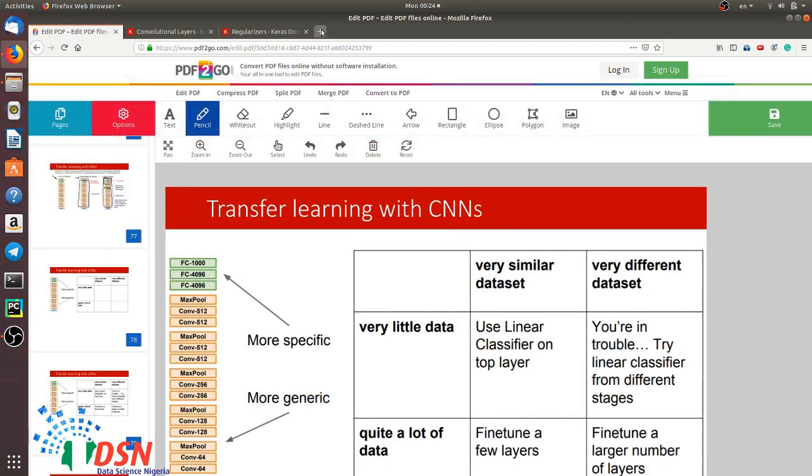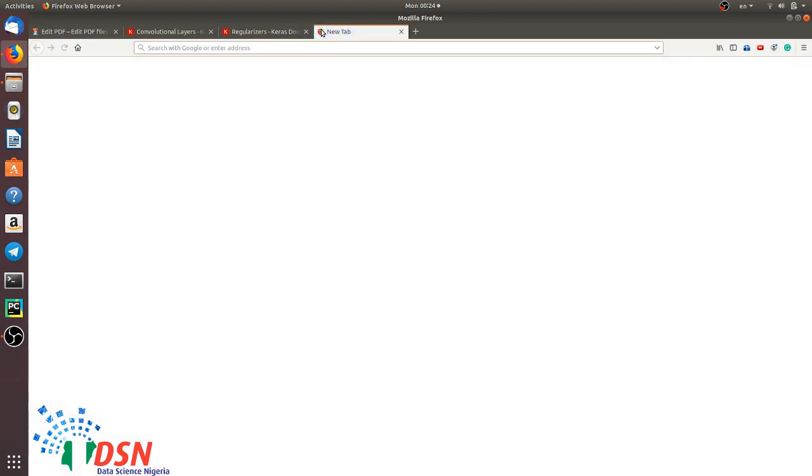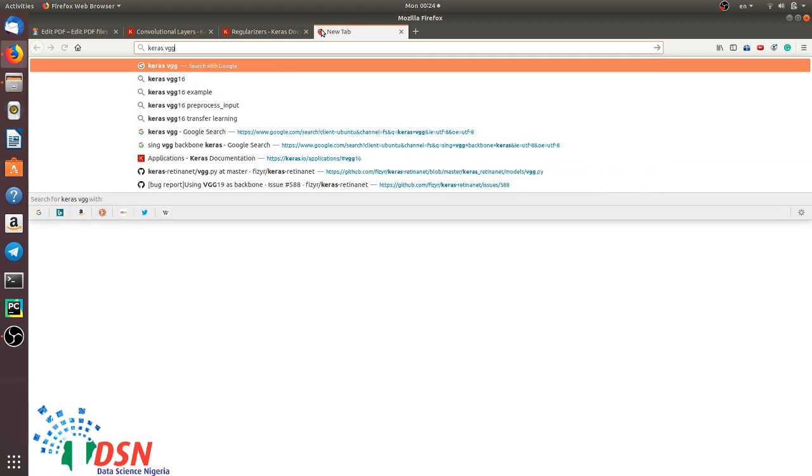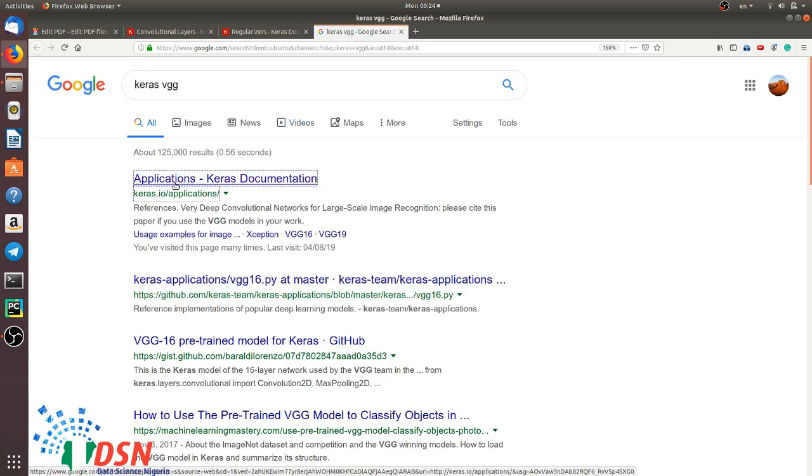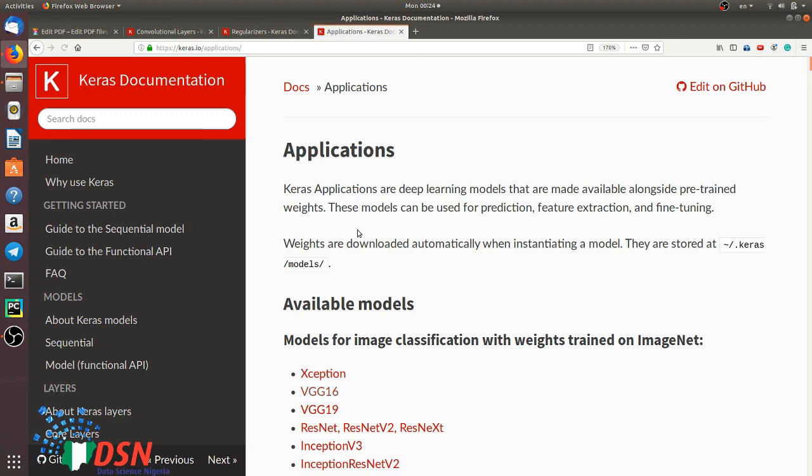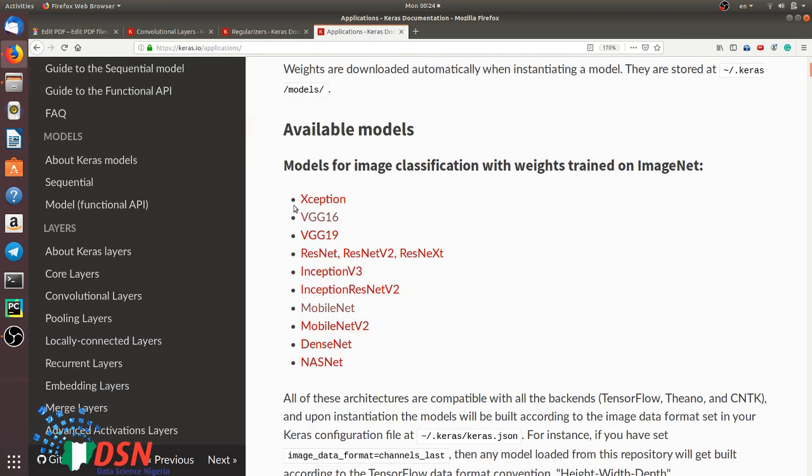Also it is good to see how to use VGG or Inception or other nets in Keras. As you could see, Keras has lots of pre-trained networks, so there are other architectures like Xception, which is different from Inception, and MobileNet, DenseNet, and other networks.